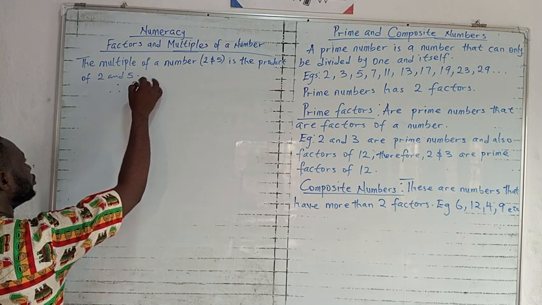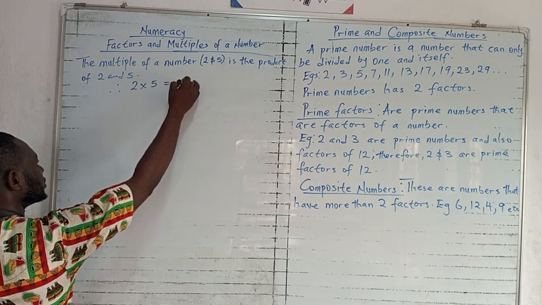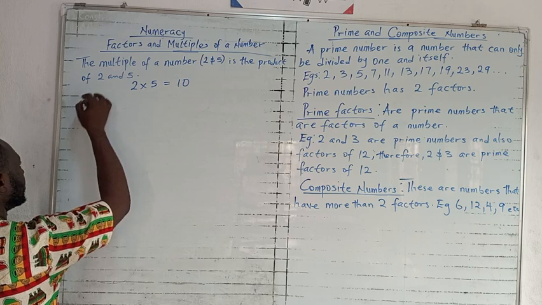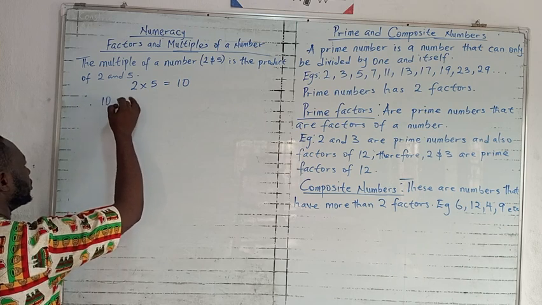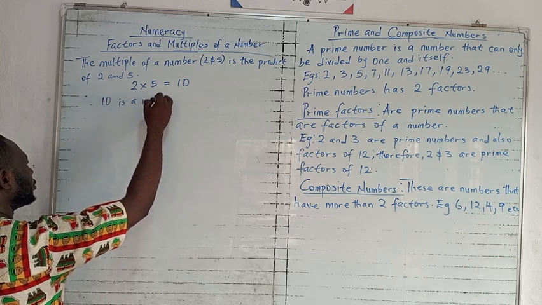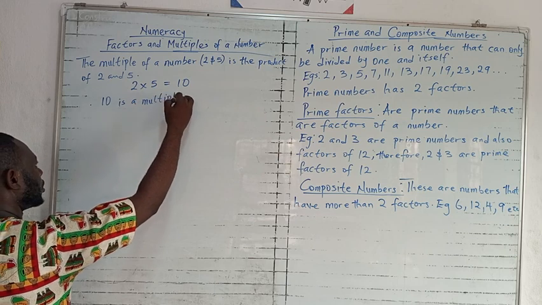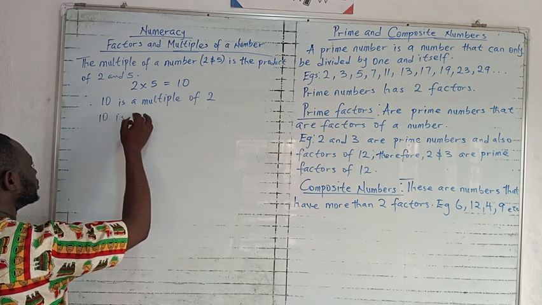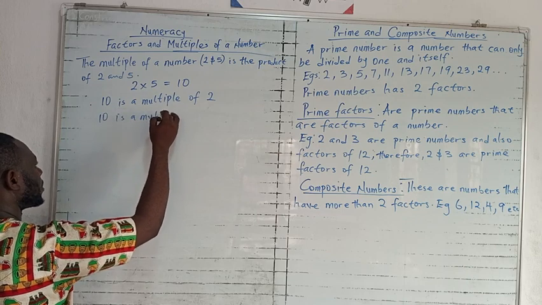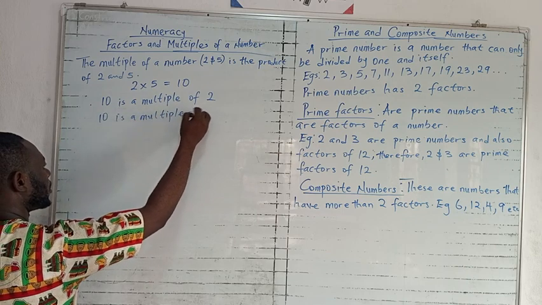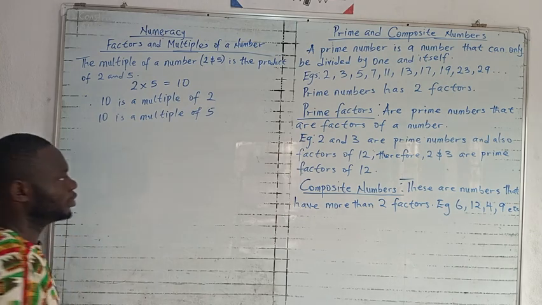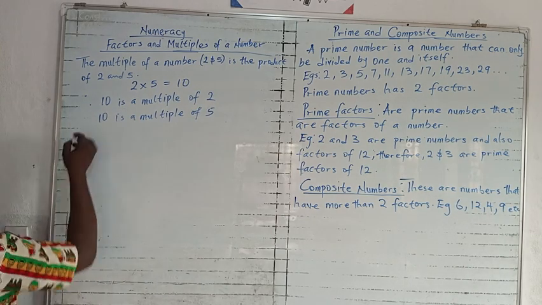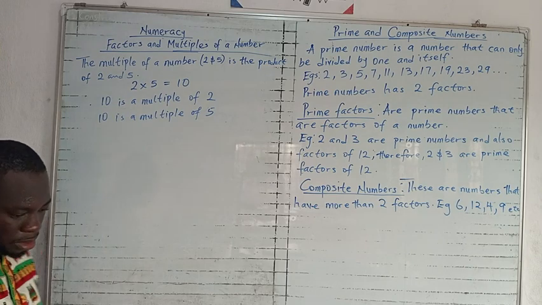Therefore, 2 times 5 equals 10. Right? So therefore here, 10 is a multiple of 2. 10 is a multiple of 5 also. Alright?